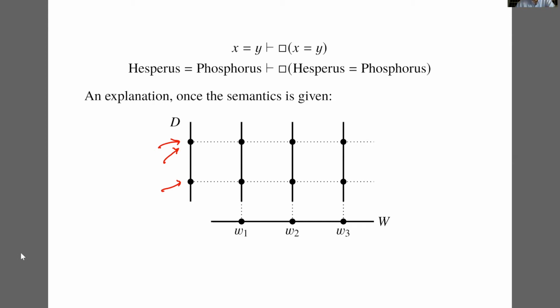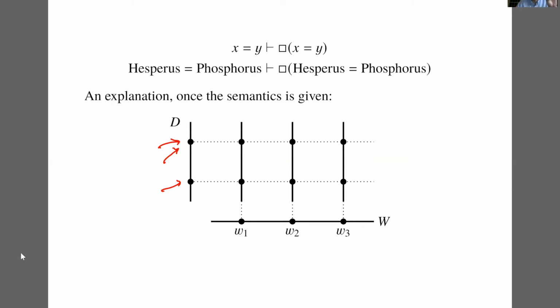Once you choose the same thing, they are the same throughout all the possible worlds. Otherwise, they are different everywhere. That's a very easy, quick explanation.